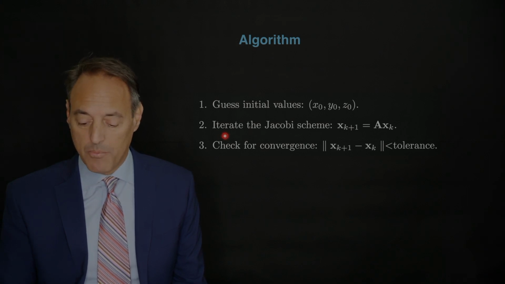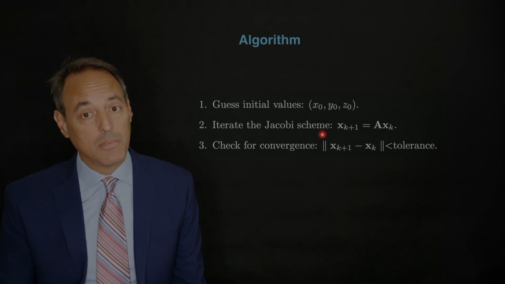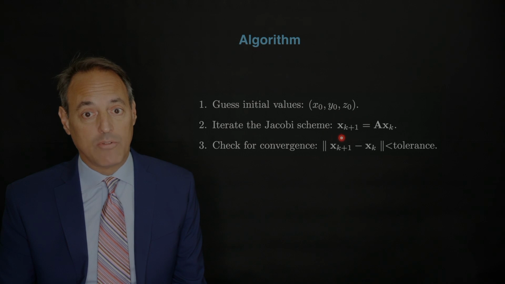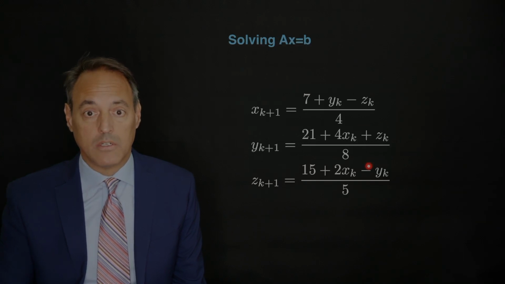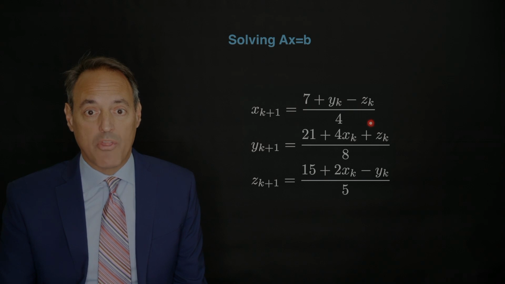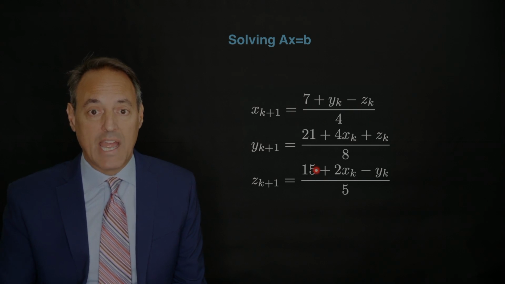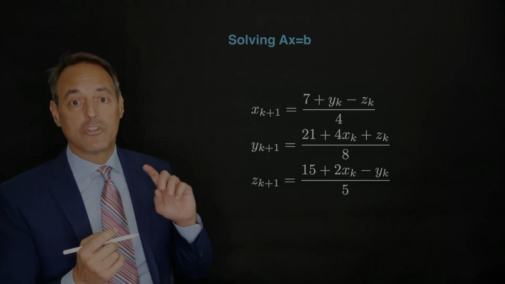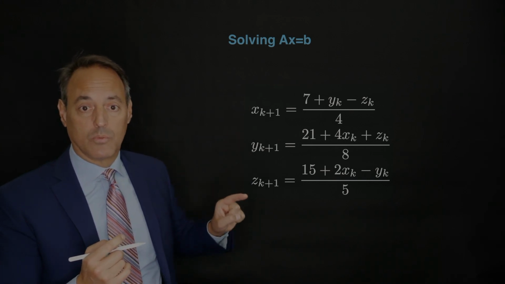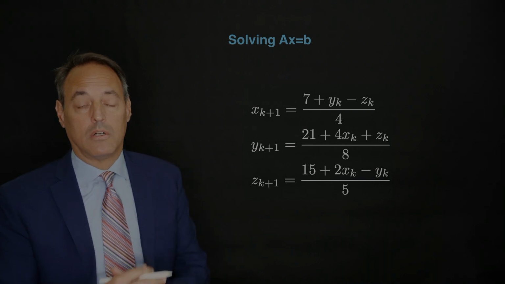Then we iterate what's called a Jacobi scheme, which is what I just wrote down. In the Jacobi scheme, my next values of x, y, and z are a matrix A times the current values, so that's this iteration algorithm right here. So this is some kind of matrix A taking me from the current values of x, y, and z to the next values, which are on the right-hand side.